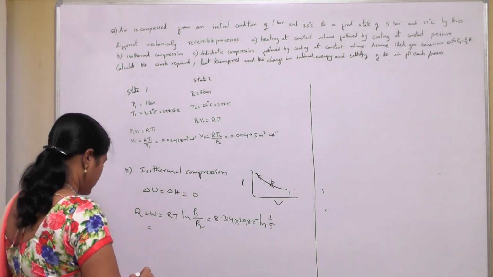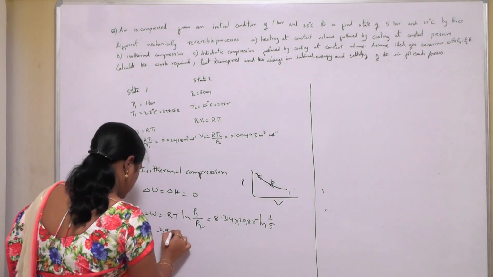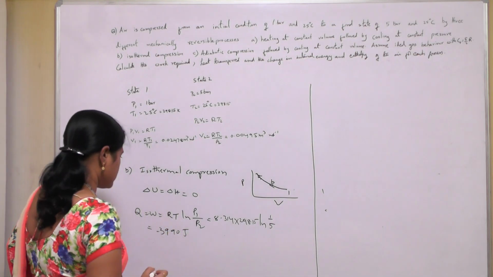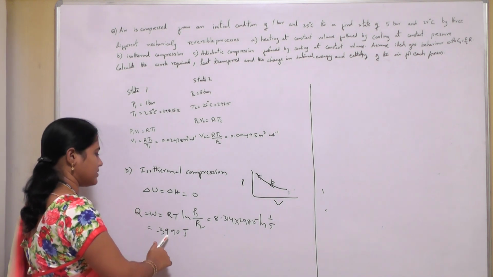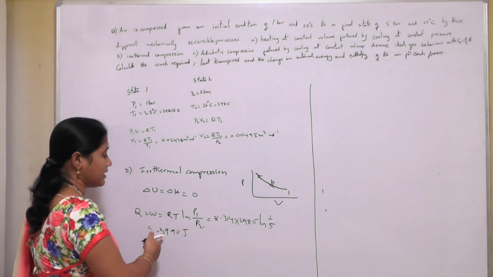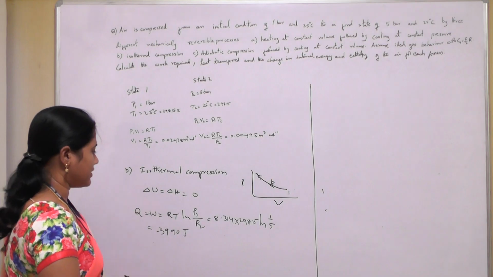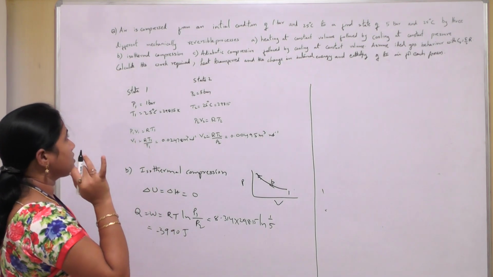So finally the value is minus 3990 joules. So Q equals minus 3990 joules and W equals 3990 joules. This is for the second process, that is isothermal compression.